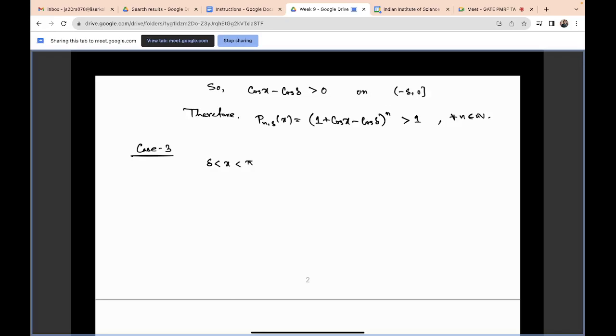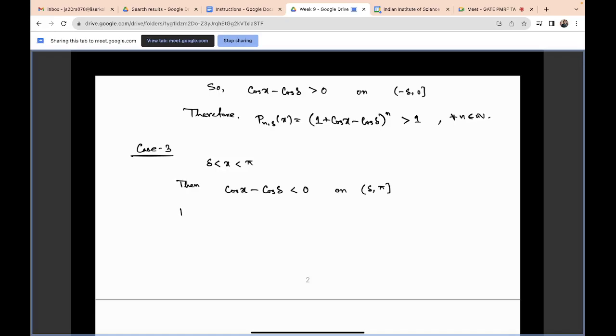Then what will happen? Cos x minus cos delta. As cos is decreasing, cos delta will be bigger, so this will be strictly less than 0 on delta to pi.